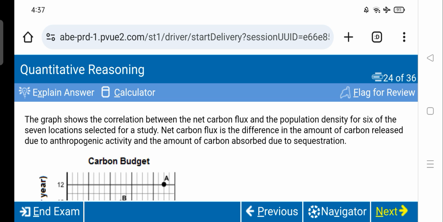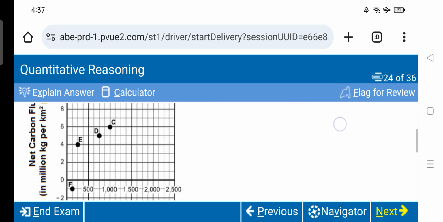Next we have question number 24, which says same passage and with the same chart, as you can see.